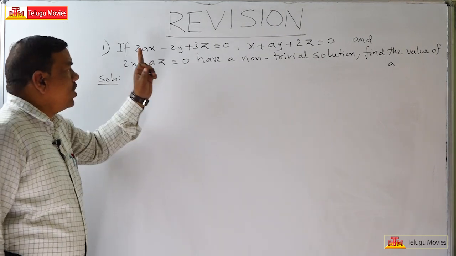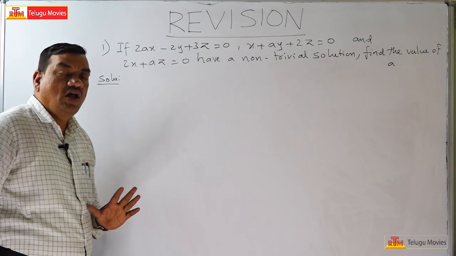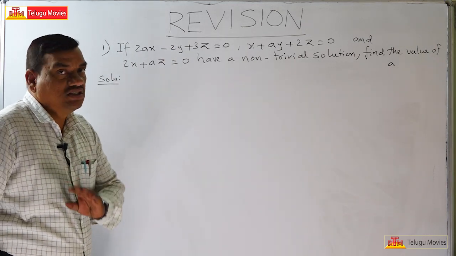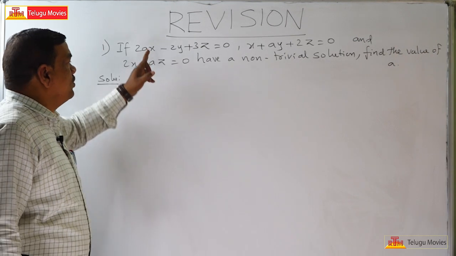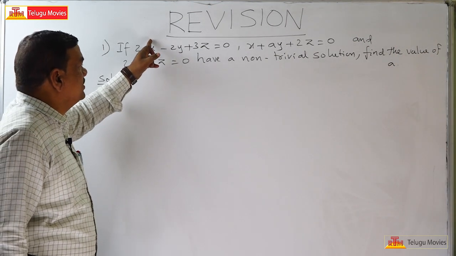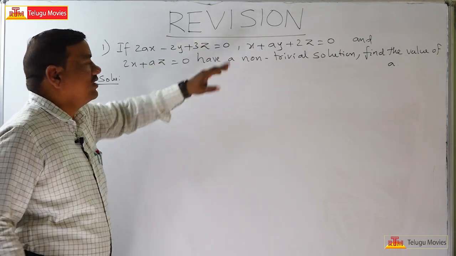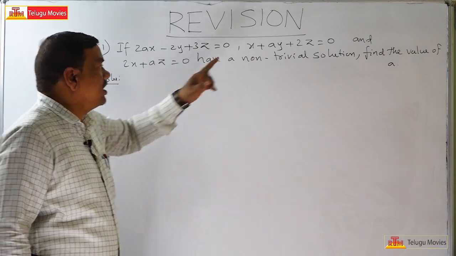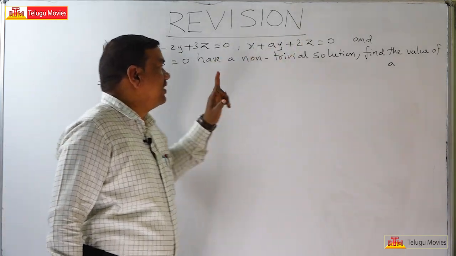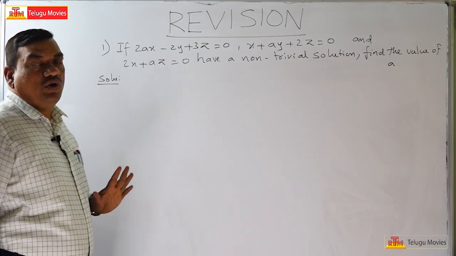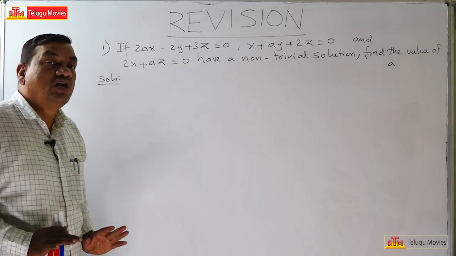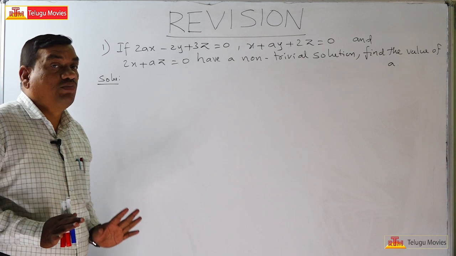If you observe, all these 3 equations are homogeneous equations. Why homogeneous? The first term has degree 1, degree 1, degree 1, equal to 0. Here also degree 1 each. So all these 3 equations form a homogeneous system of equations.